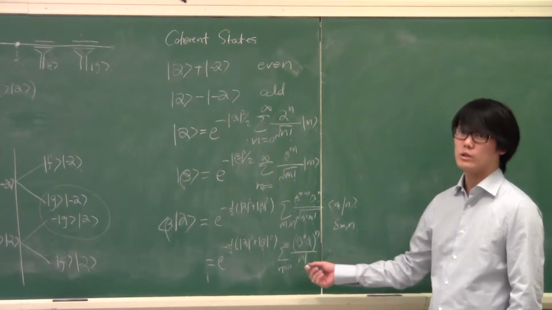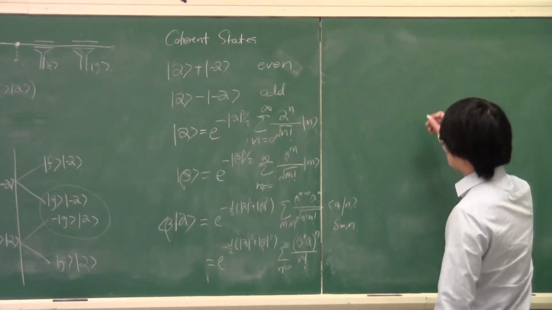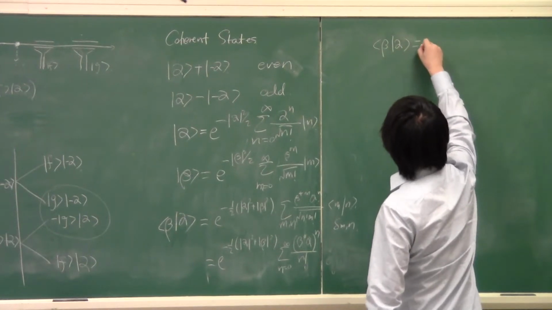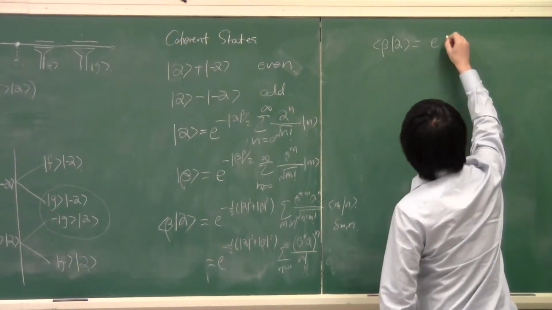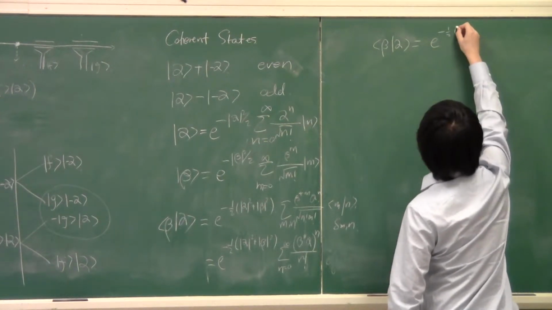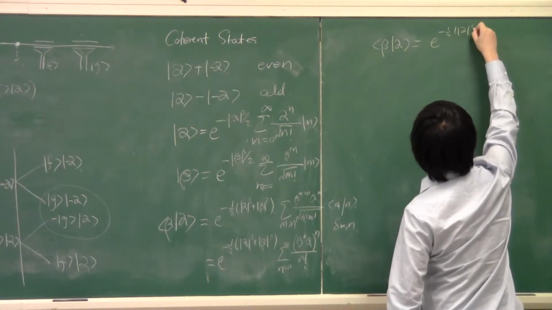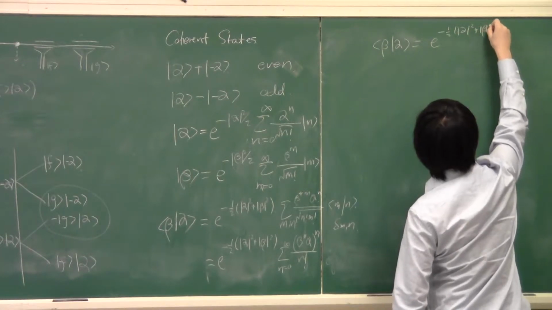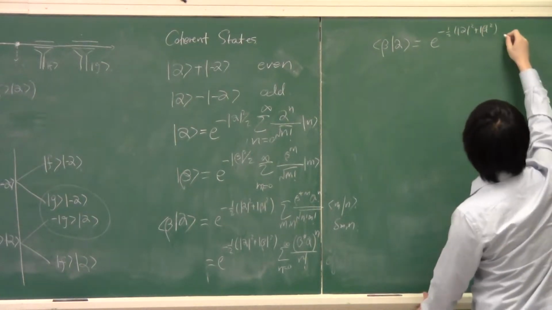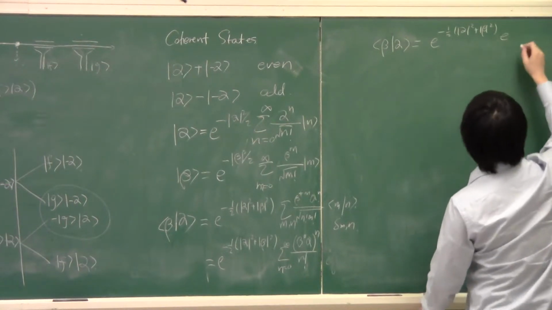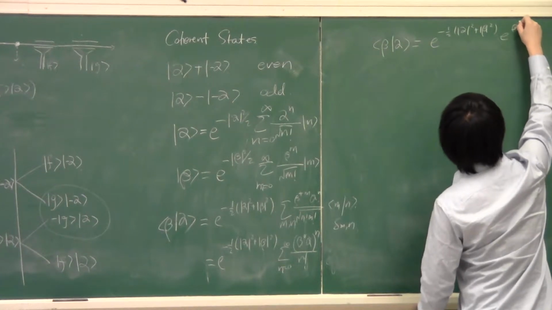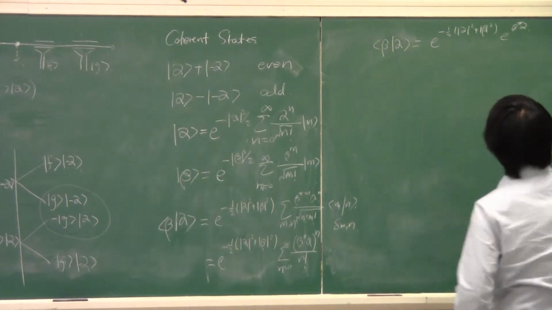You recognize this as an exponential. So the overlap between two coherent states can be written as some factor like this, multiplying a phase factor, which is e to the i phase.